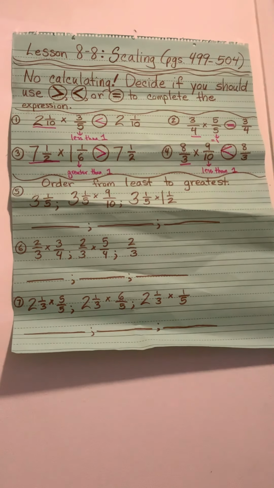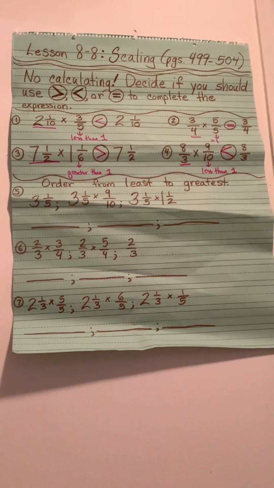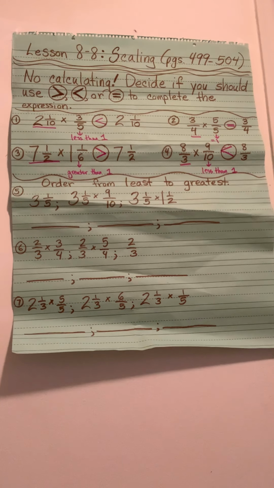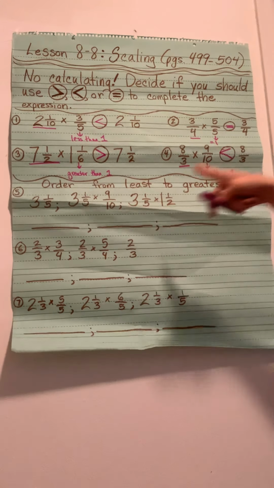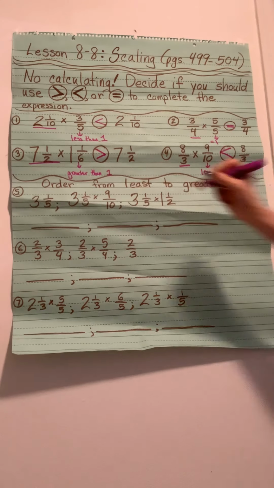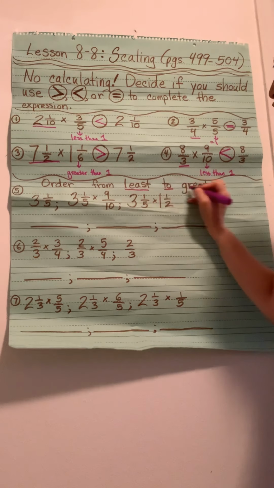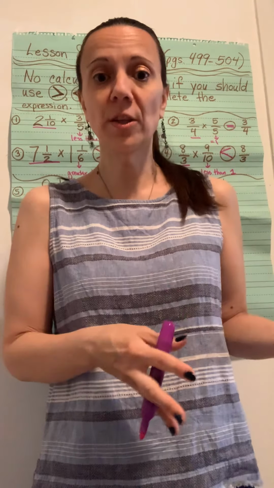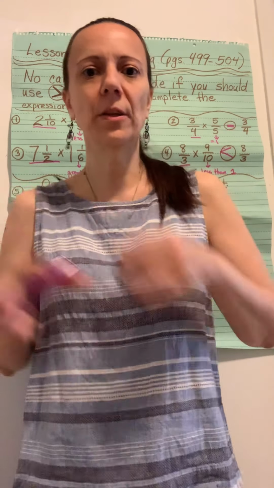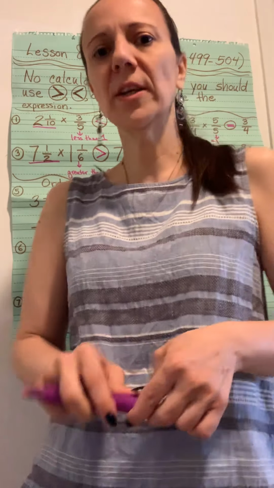All right, if we look at our next few problems to work on, now we're just adding another little step to it. Instead of comparing two things, I am now getting lists of 3 expressions, and I have to put them in order from least to greatest. So I'm looking for the smallest one first, and then I'm going to do middle and big. So I want to look at what I have here.